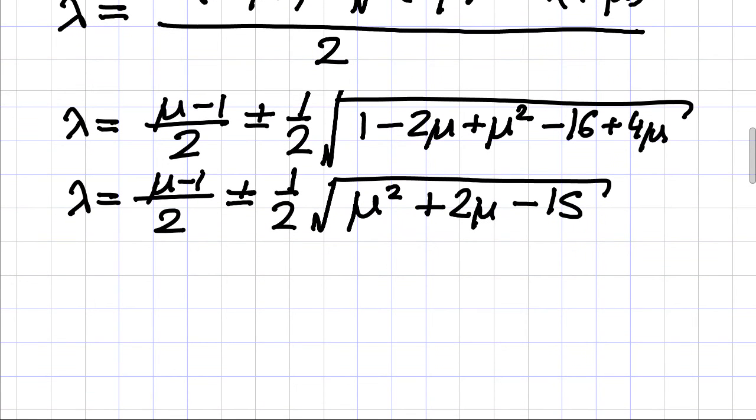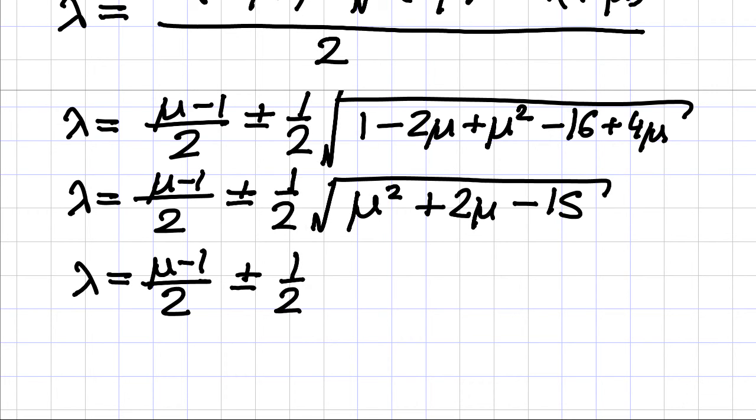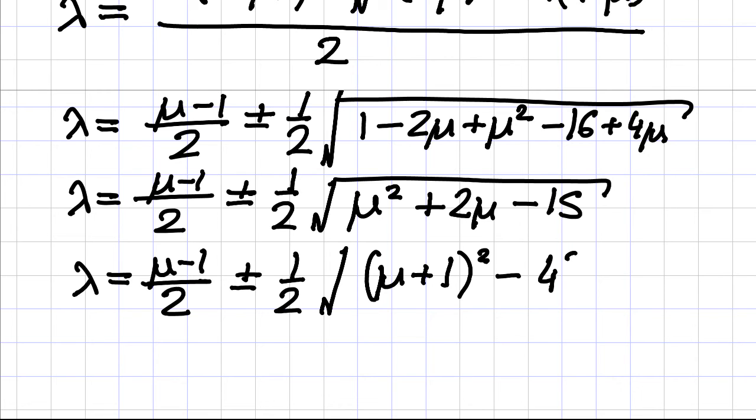And finally we can rewrite this as λ is (μ − 1)/2 plus or minus a half the square root of (μ + 1)² − 4².